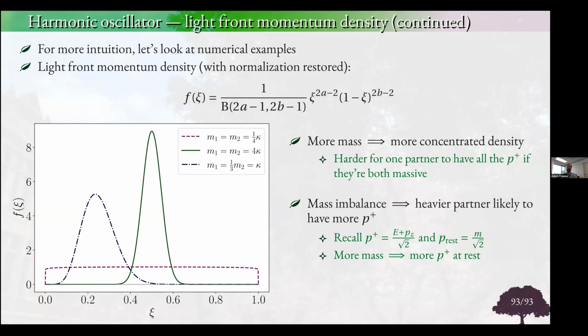So you end up with something that's sharply peaked around xi of 1/2 for large masses, nearly flat for very small masses. And if you have a mass imbalance, the heavier partner is more likely to have more P plus just because it has more mass, and mass contributes to P plus when the system is at rest.